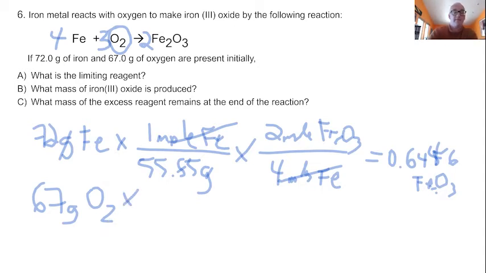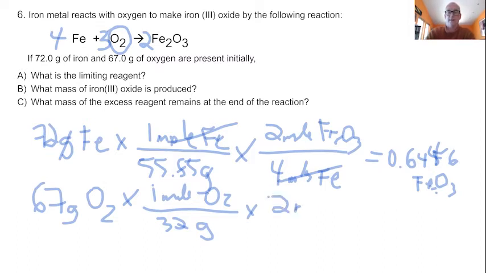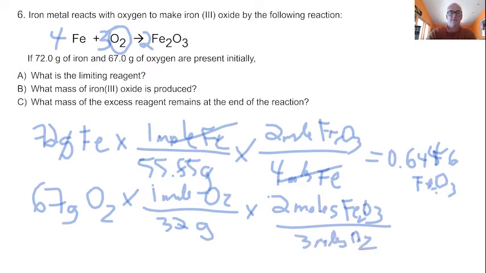So again, I want 1 mole O2 is like 32 grams. And then I want to figure out moles, again, of product. So I get 2 moles of Fe2O3 for every 3 moles of oxygen. Moles of oxygen are gone, grams are gone, and I'm left with moles of product again.